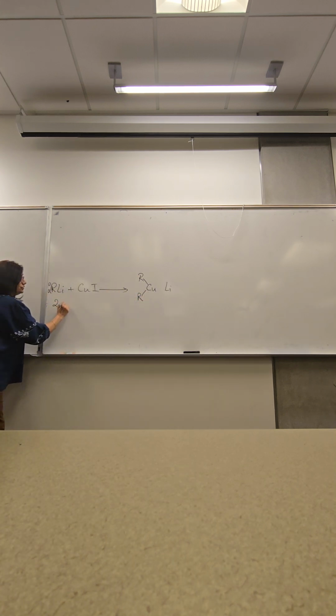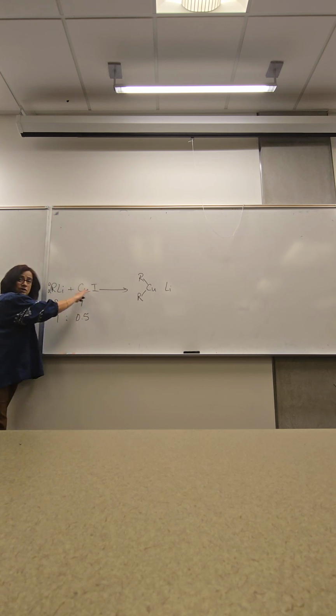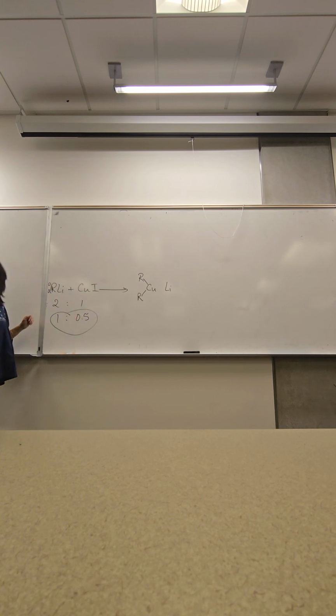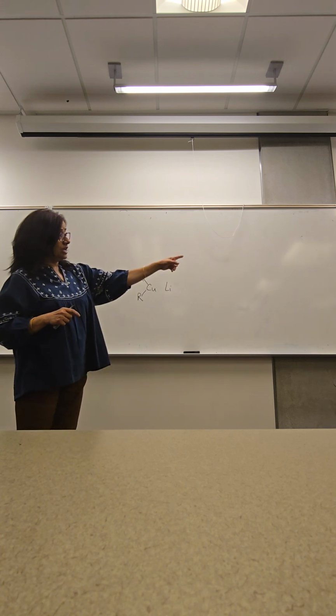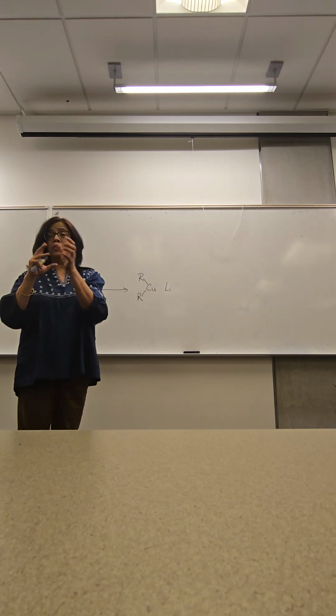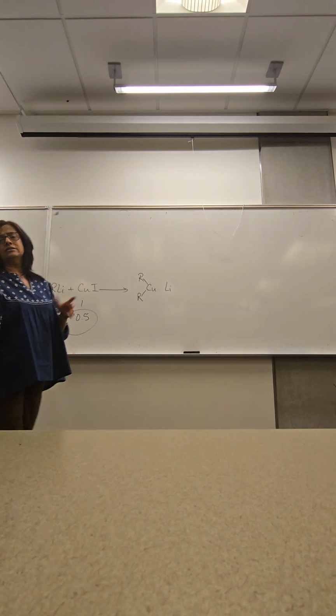So that's a 2:1 ratio, or 1:half ratio. If I take 2 of this, I need 1 of that. If I take 4 of this, I need 2. If I take 1 of this, I need half. It's basically stoichiometry. The way I wrote that, I was starting with 1, 1, 1, so then copper has to be half. Okay, thank you.